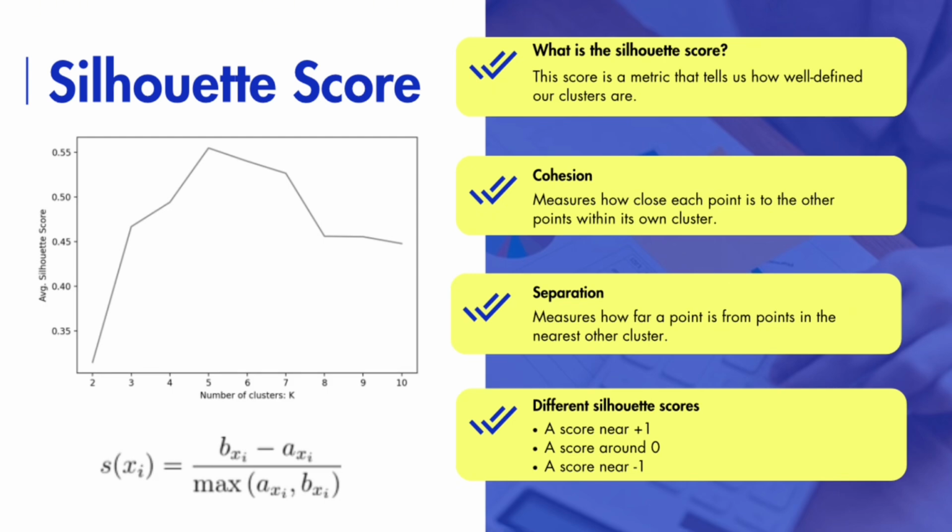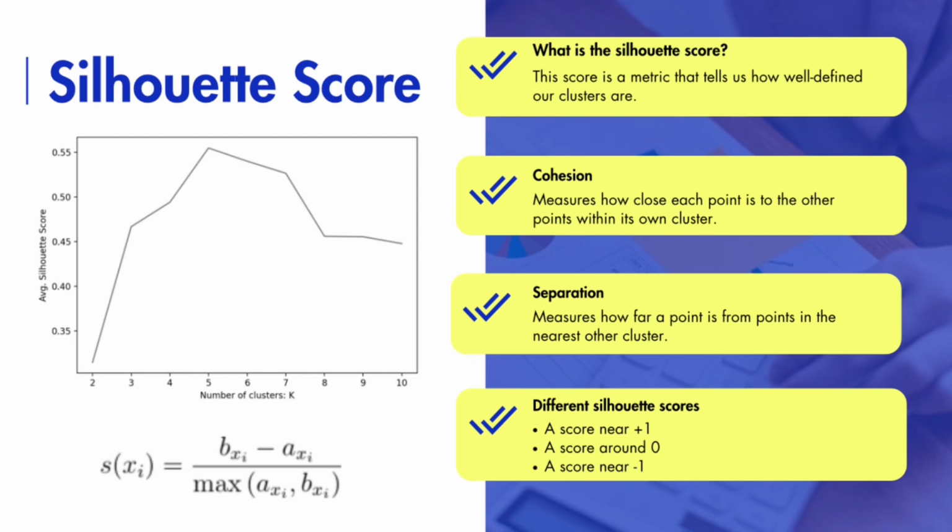So how do we calculate the silhouette score? For each point, we use the formula in the slide, where A is the average distance to points within the same cluster, measuring cohesion, and B is the average distance to points in the nearest other cluster, measuring separation.